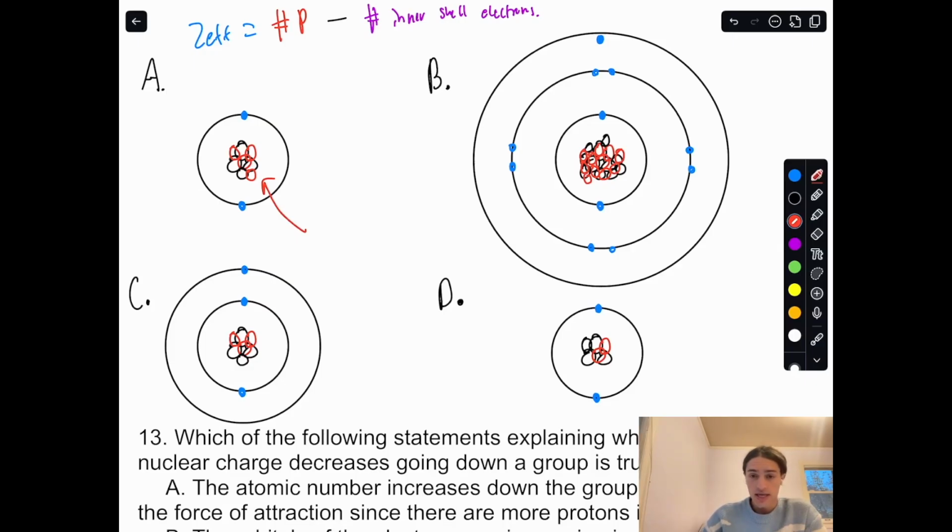So this is actually a 2 plus cation, because it has more protons than electrons. And if it has 4 protons, that means it's beryllium. So the number of protons is 4, and it doesn't have any inner shell electrons. It has 0 because it only has 1 shell, which is considered the valence shell. So its effective nuclear charge would be 4.